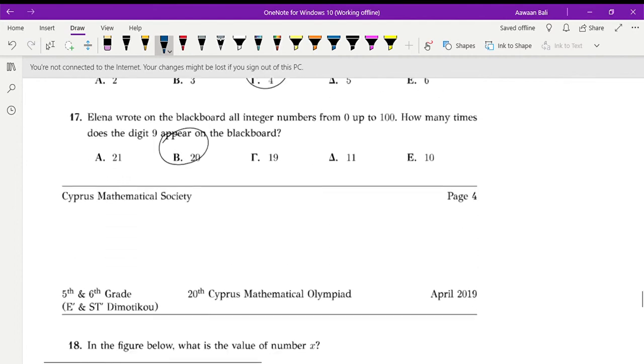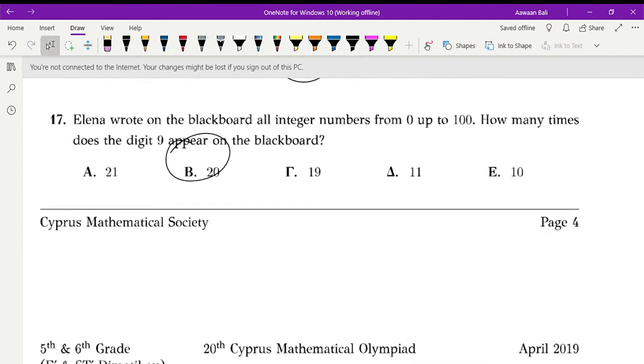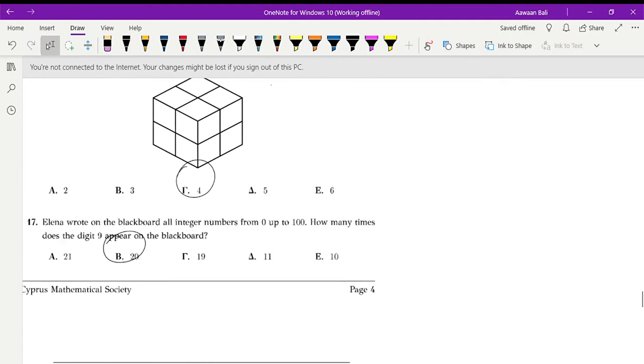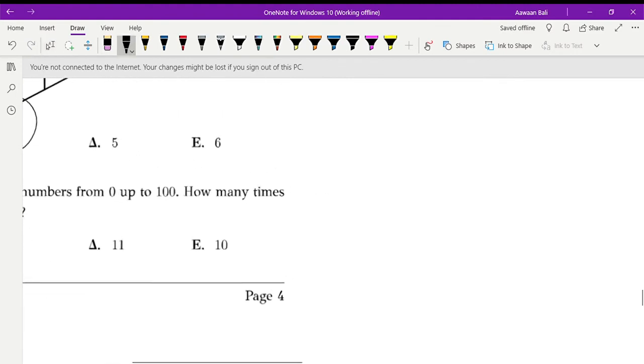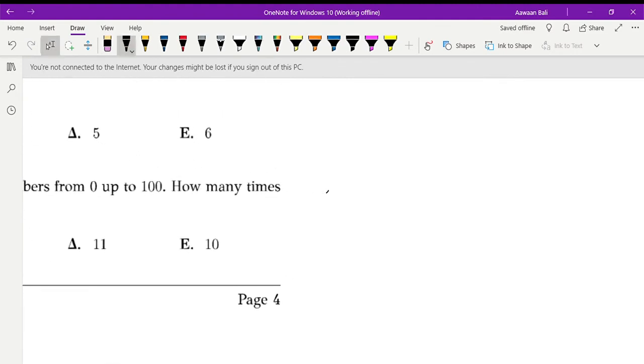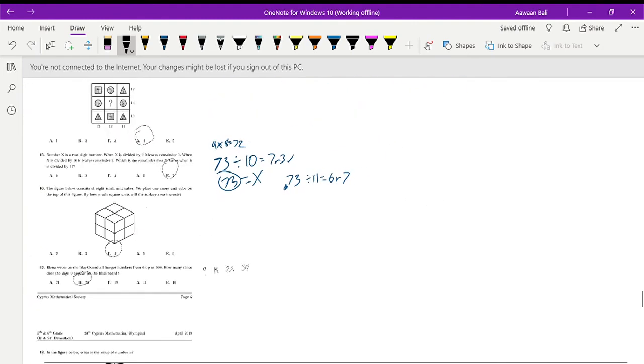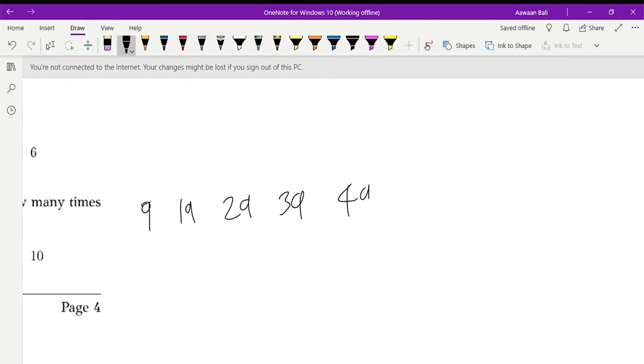Now, Elna wrote on the blackboard all integer numbers from 0 to 100. How many times does the digit 9 appear on the blackboard? For me, normally in these types of questions, I just write them all down because it's easy to do that. So let's say here 9, 19, 29, 39, then we have 49, 59, 69, 79, 89.